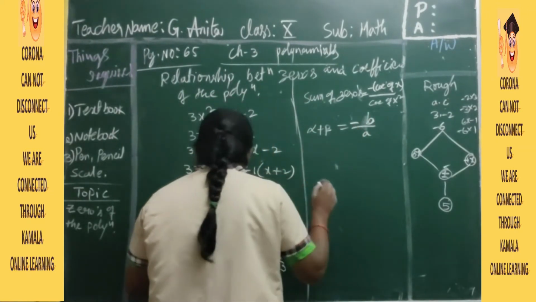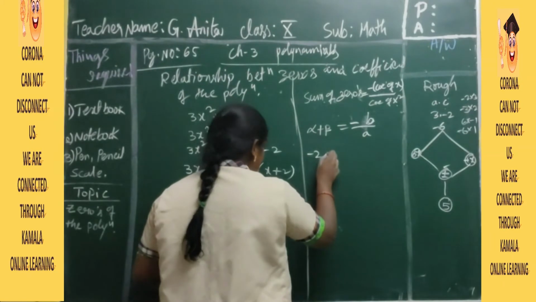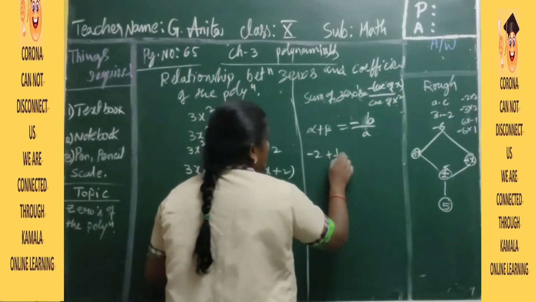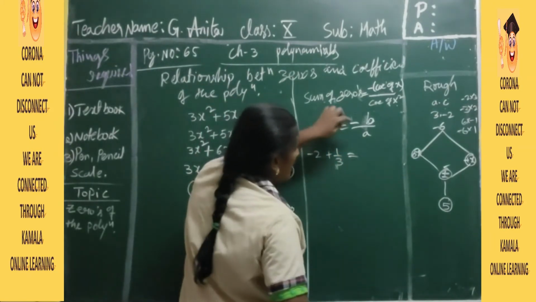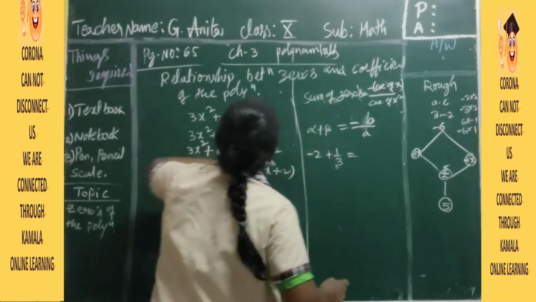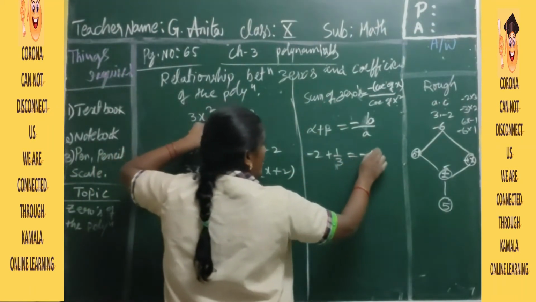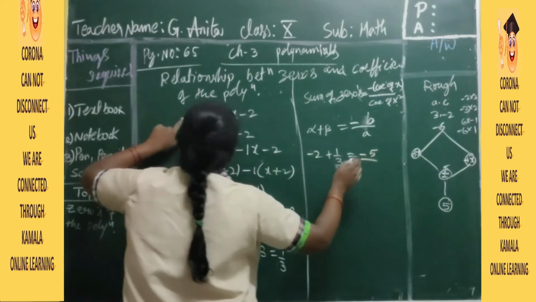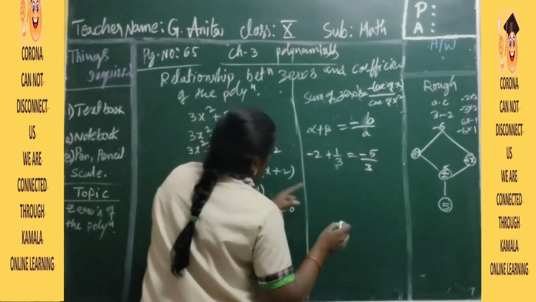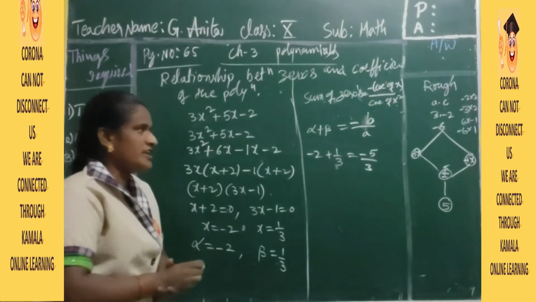So alpha is minus 2, beta is plus 1 by 3, equal to minus b by a. From the equation, what is the b value? 5. What is the a value? 3. So observe what we get.